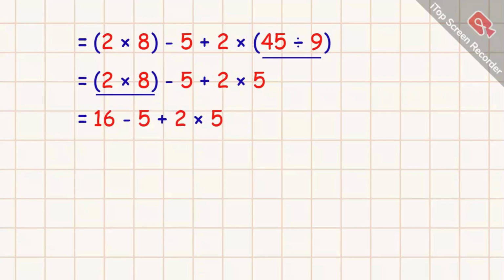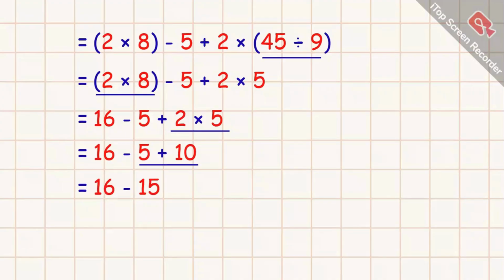Let's quickly do that. We got 16 minus 5 plus 2 times 5. Now we're going to do 2 times 5, and we get 10, which means 16 minus 5 plus 10. Then we're going to do addition, which means 5 plus 10, and we get 15. 16 minus 15 is equal to 1.